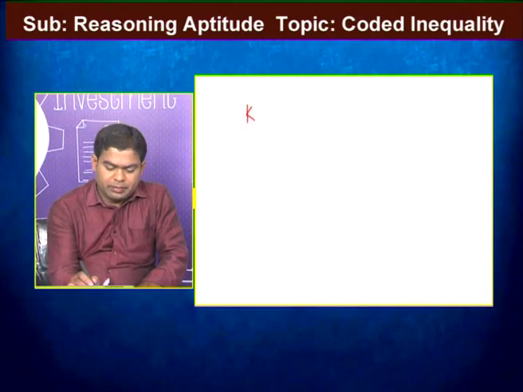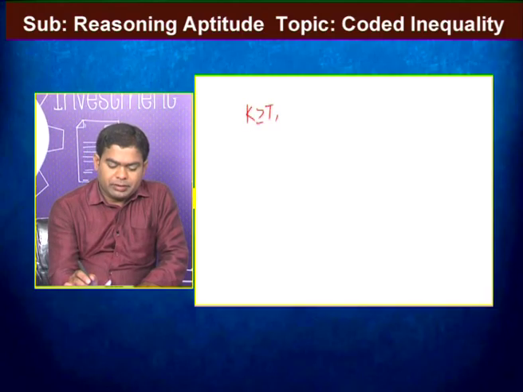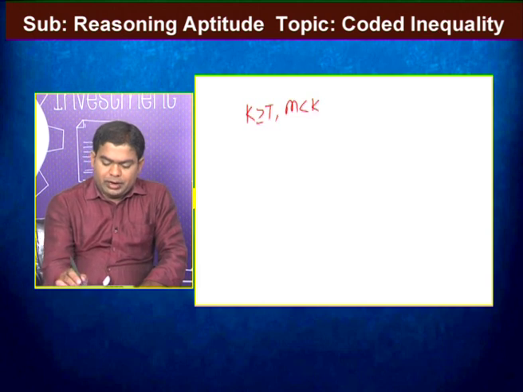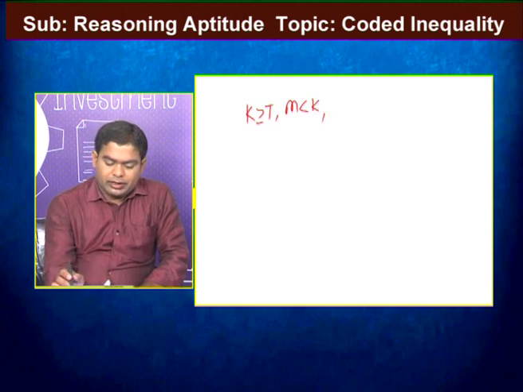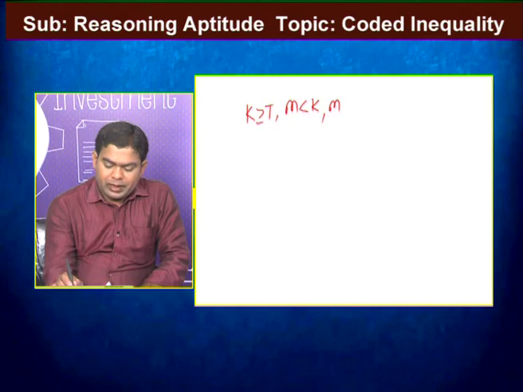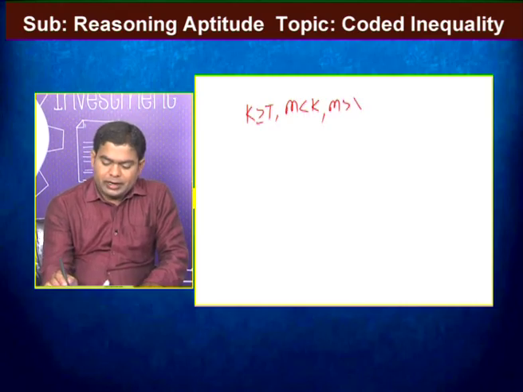K percentage T, percentage denoted as greater than or equal to, so K greater than or equal to T. M dollar K, here dollar is denoted less than, M less than K. M at the rate X, M greater than X. This is the statement.